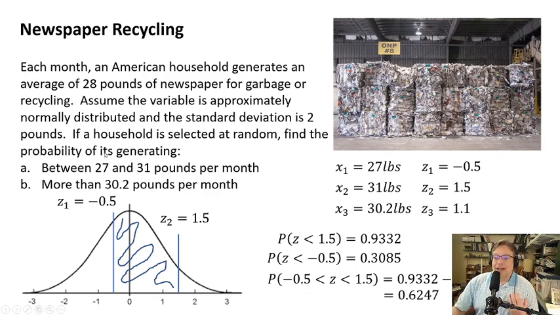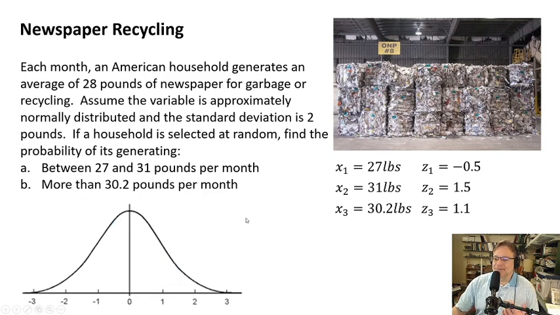So the probability of a household generating between 27 and 31 pounds per month is about 62% or so. And you found that by translating these thresholds into z values and placing them on the standard normal distribution. Let's do part B now.